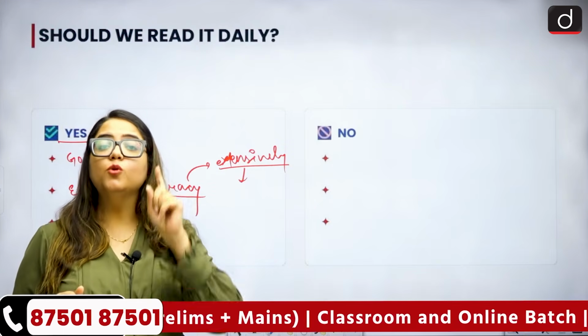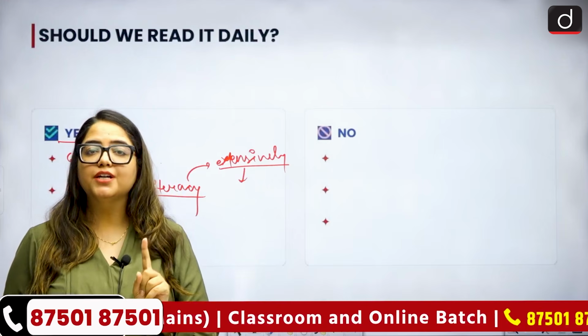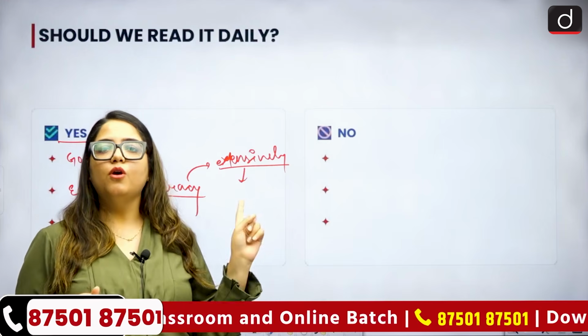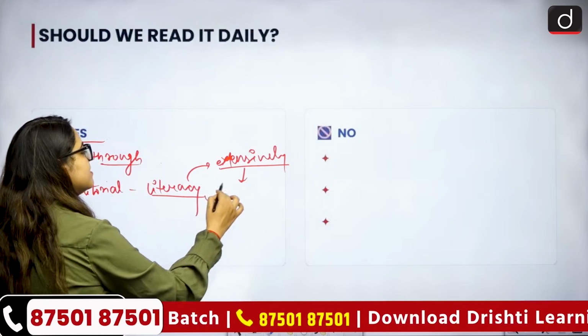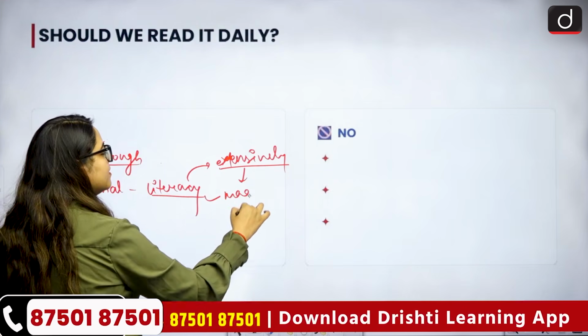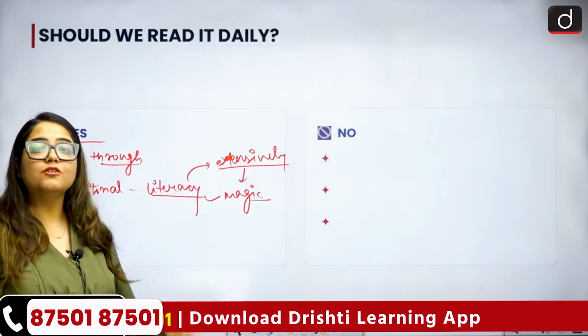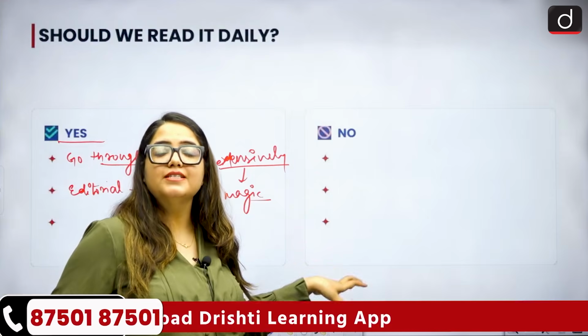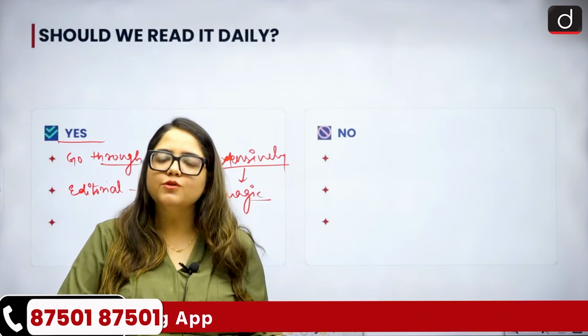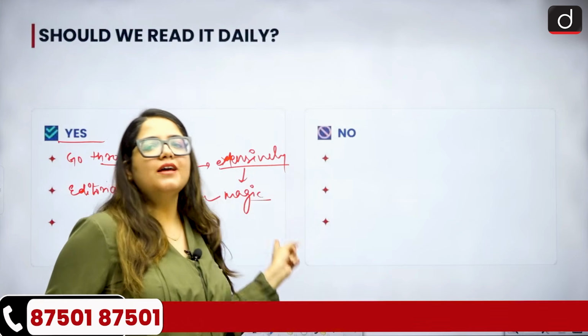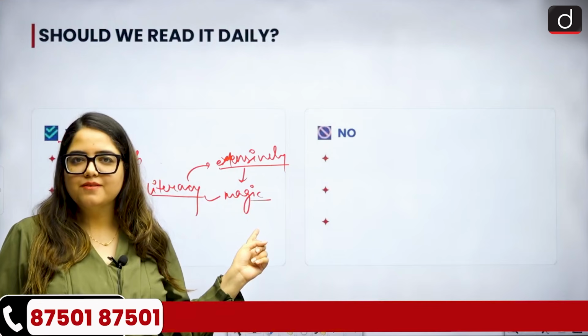But for the people who have not worked hard on that particular topic for so long, or don't have that concentrated content, for them this is like magic, right? For them this is a very good article. Okay, we're getting everything at one place, right? So you have to go through the paper daily to understand whether it is important for you or not, right?